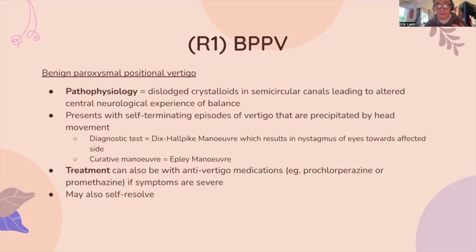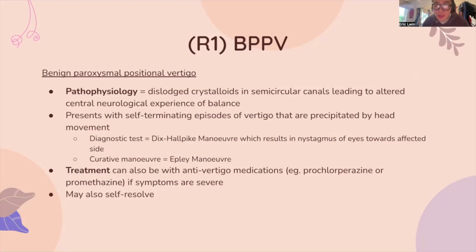In BPPV, these crystalloids migrate outside of the semicircular canals. So there's a less accurate interpretation of balance. With sudden head movements, these crystalloids can be different in each ear, giving that feeling of vertigo and imbalance. I hope that makes sense.